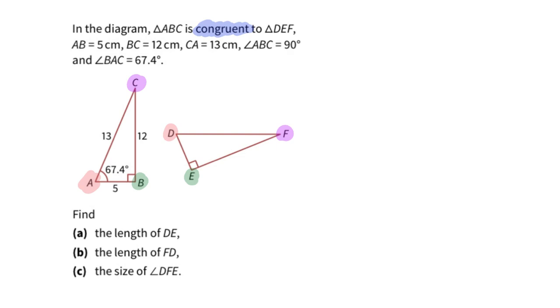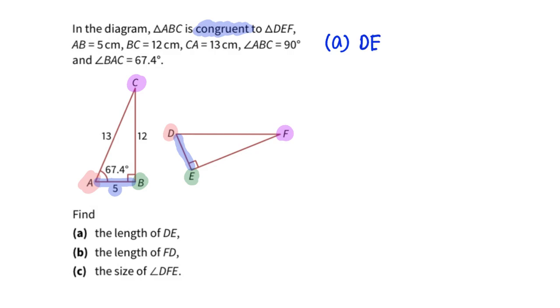Alright, and so for part A, we are required to find DE. So DE would be red to green, AB. And since they are congruent, the length must be the same for the corresponding sides.